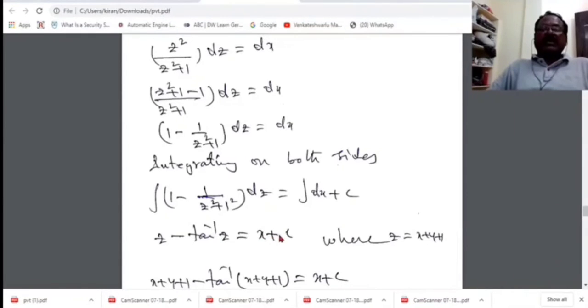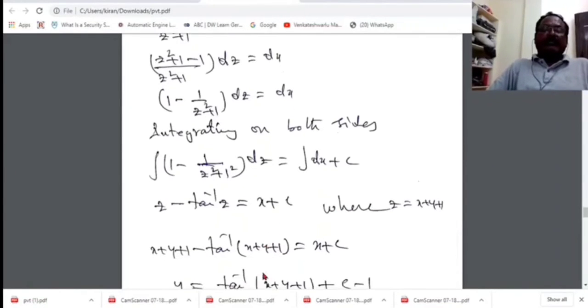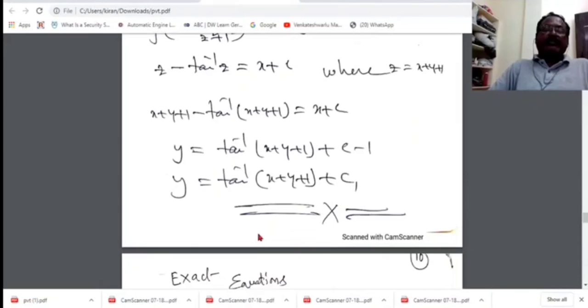C is the integration constant, where z is equal to x plus y plus 1. Now substitute the z value: x plus y plus 1 minus tan inverse of (x plus y plus 1) is equal to x plus c.